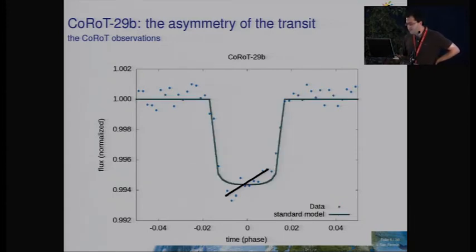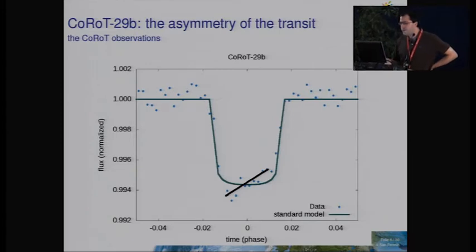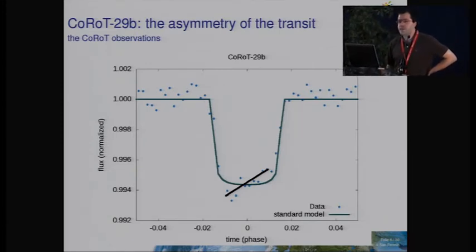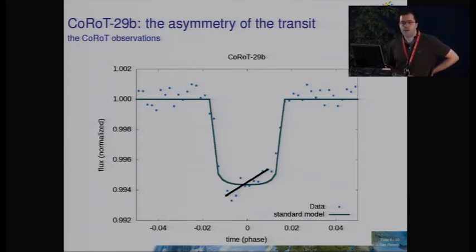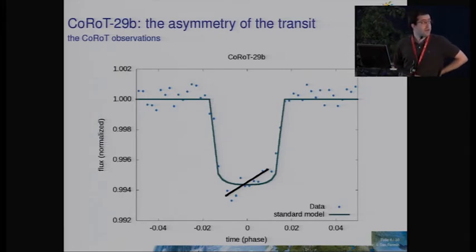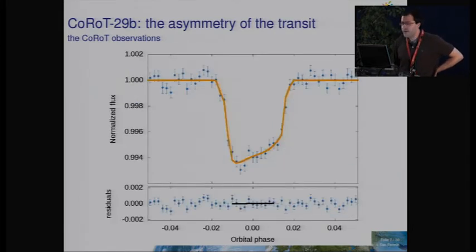When you model this transit with a standard model, you expect something flat, and the residuals that this standard model leaves are not acceptable. There is something that is not going well with this model, so we need an explanation of what's going on. We were thinking about different possibilities, and the best one that we could find is gravity darkening.